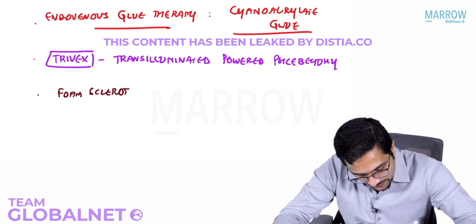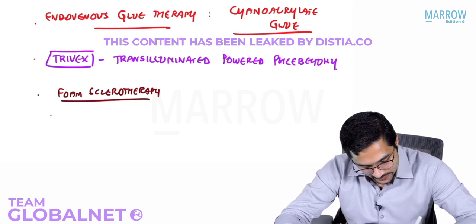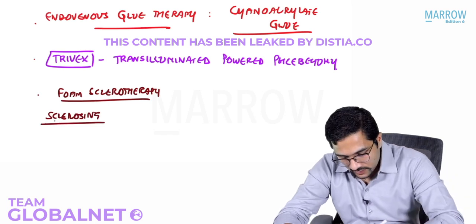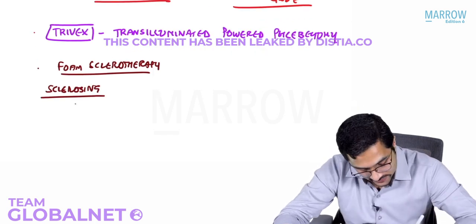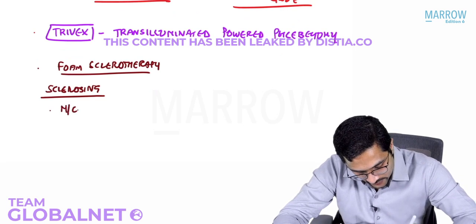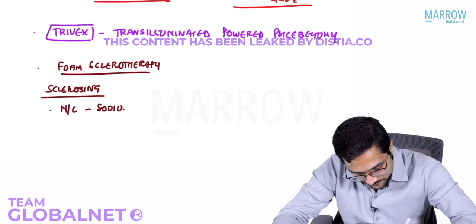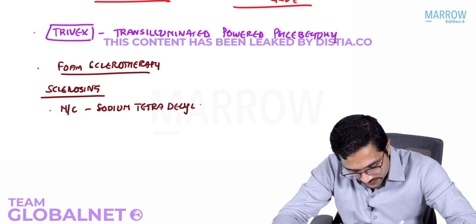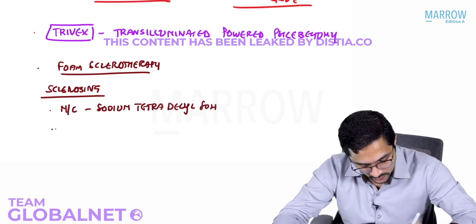Another newer modality is foam sclerotherapy. Now the sclerosing agents I've covered at a lot of places. Most common is sodium tetradecyl sulfate. This I've covered in upper GI hemorrhage and in hemorrhoids also.